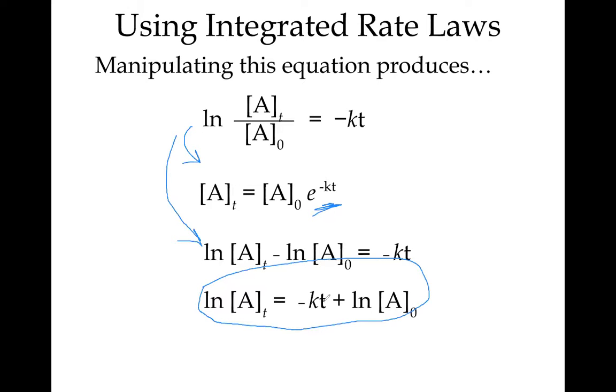And this is the one right here that we're going to focus on later on in the lecture for this kind of format of this integrated rate law for first order, second order, and zero order reactions.